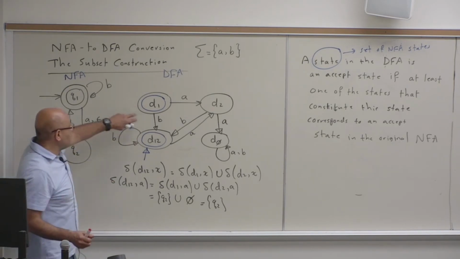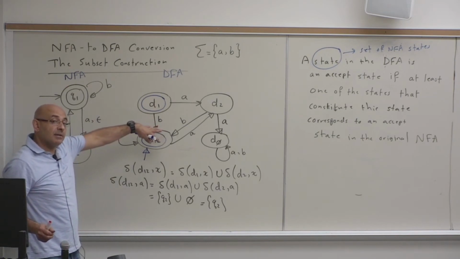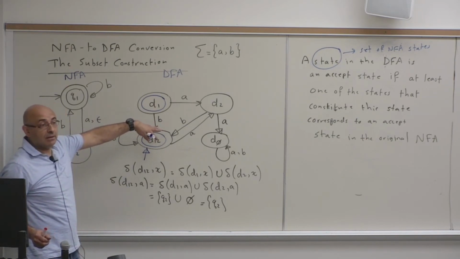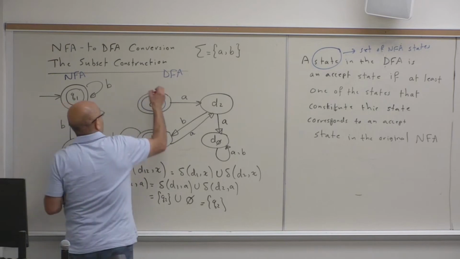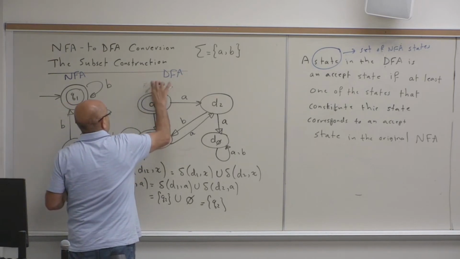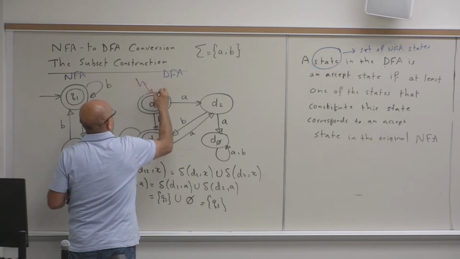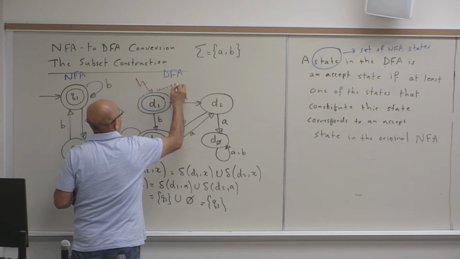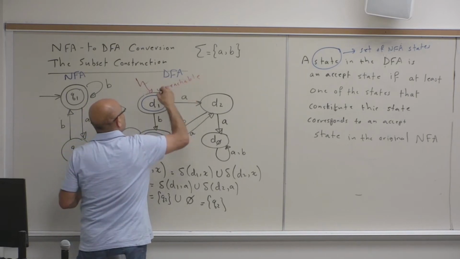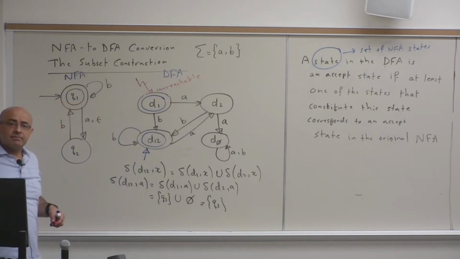Of course, if I keep it like this, it's correct, but it's not minimal. This state is unreachable, and an unreachable state can be eliminated. You don't need it. You can keep it, but you don't have to keep it.